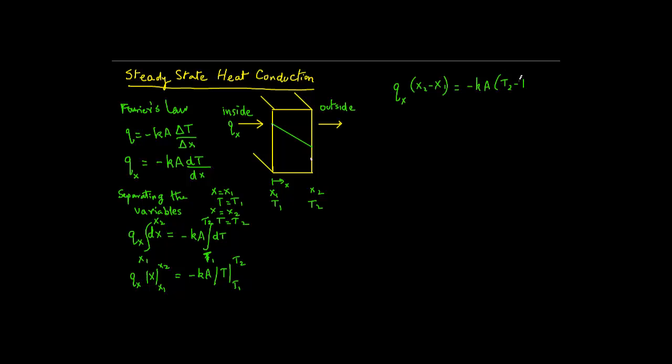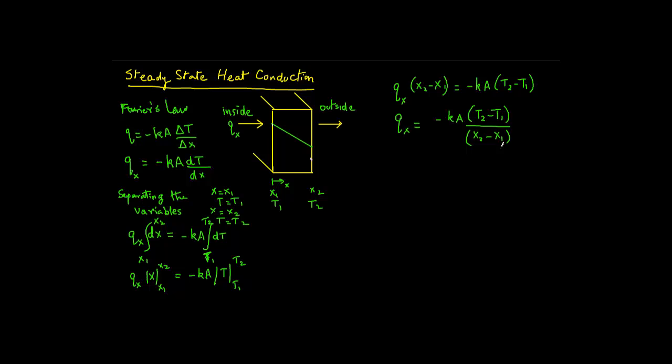And so with that we can go ahead and rearrange some of the terms to get the rate of heat transfer qx, and we'll keep that on the left hand side. And on the right hand side of the equation we will have minus kA t2 minus t1, and we will take the quantity from the left hand side down to the denominator of the right hand side, the quantity x2 minus x1.